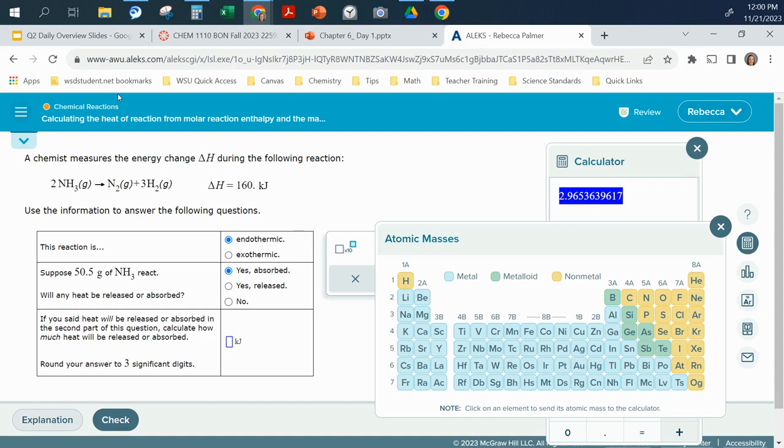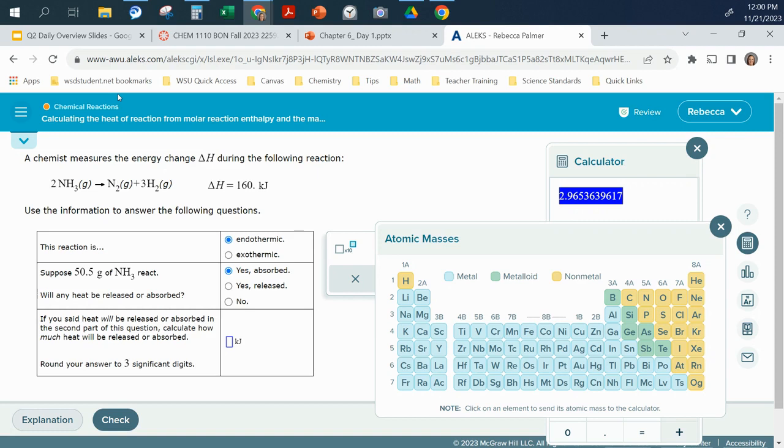We use the mole to kilojoule ratio from the chemical equation to find kilojoules. It'll be moles times kilojoules per mole, giving those kilojoules.